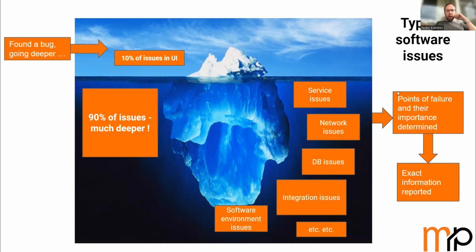But unfortunately, in the QA industry, very many people and even very many companies are focused just on this part of the iceberg that is visible above the water, and all the remaining bugs that are really interesting, much deeper and much harder, remain uncovered and hidden, and really nobody cares about that.